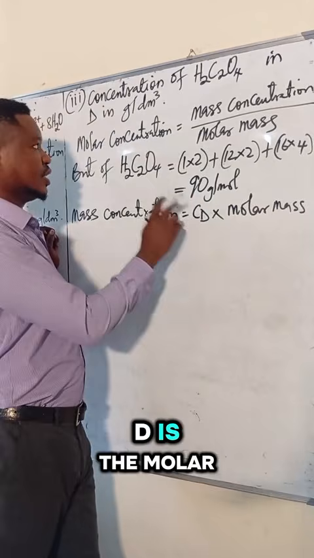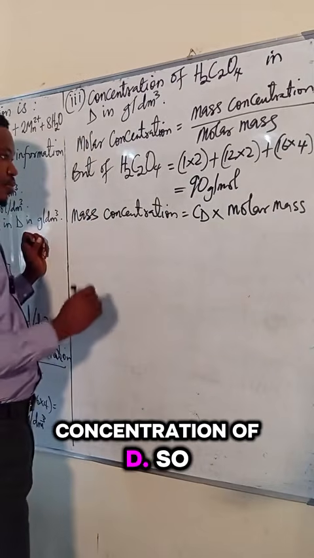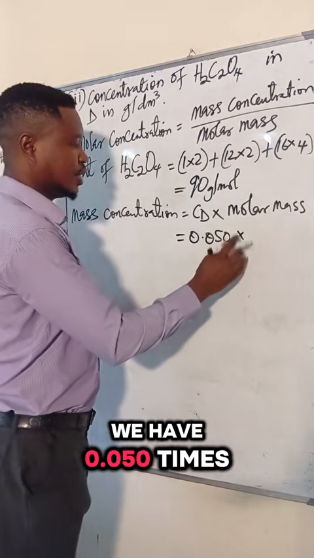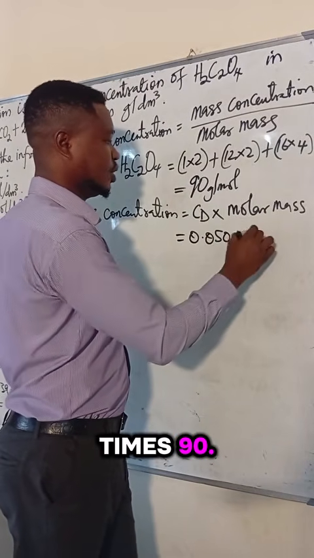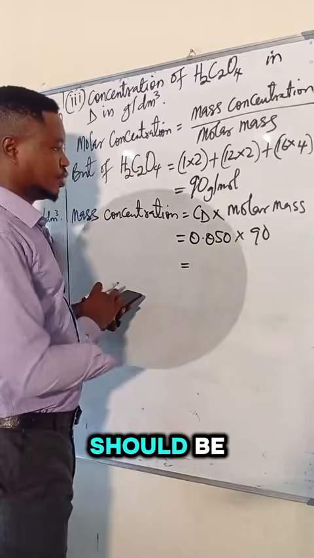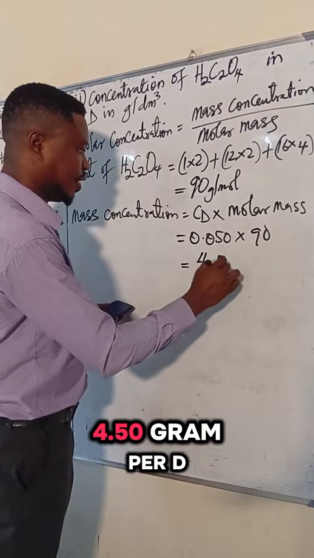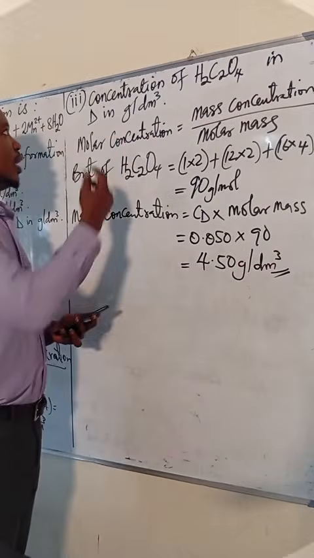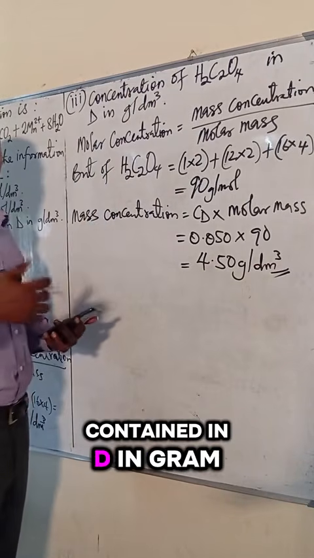Remember that the CD is the molar concentration of D. So we have 0.050 times molar mass, which is 90. Then the final answer should be 4.50 gram per dm cube. And that becomes the concentration of oxalic acid contained in D in gram per dm cube.